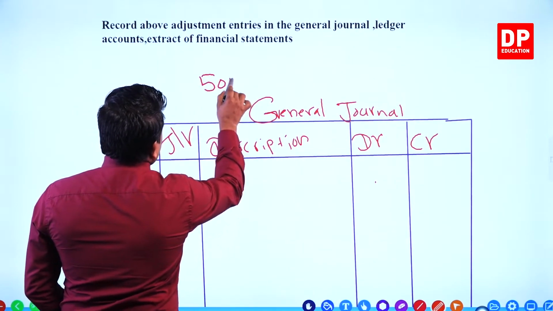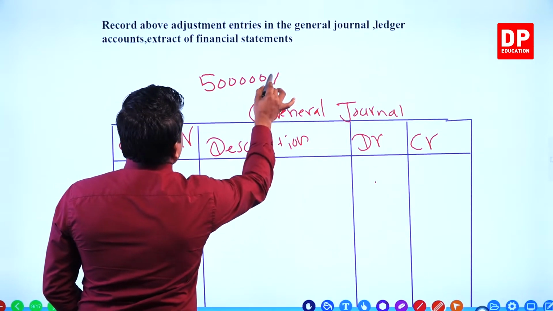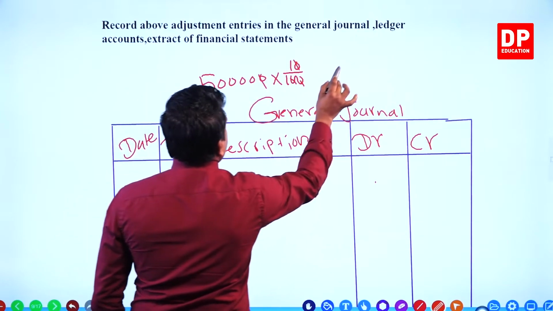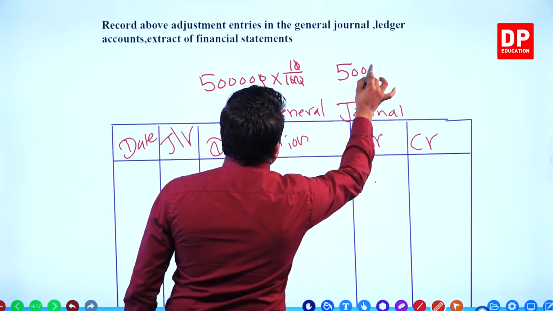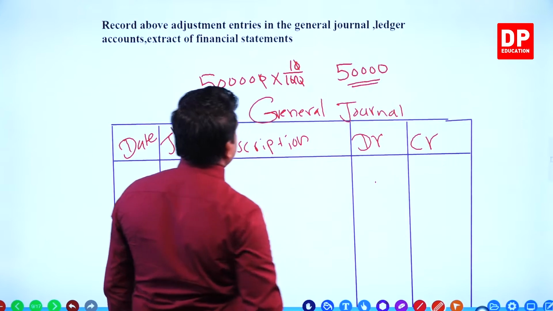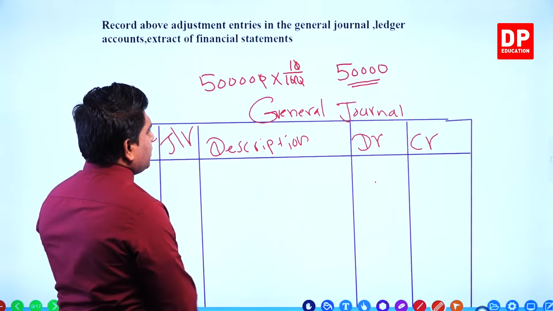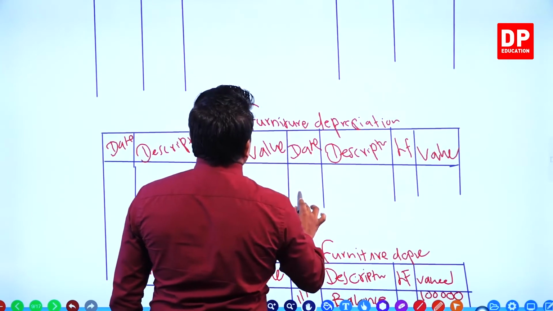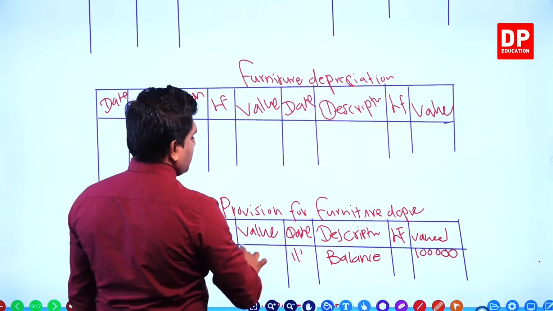We calculate 500,000 into 10%, which is 50,000, right? This is the furniture depreciation. Then you do this one.